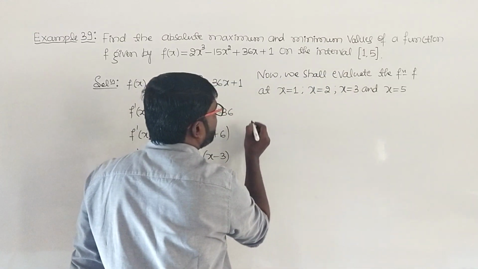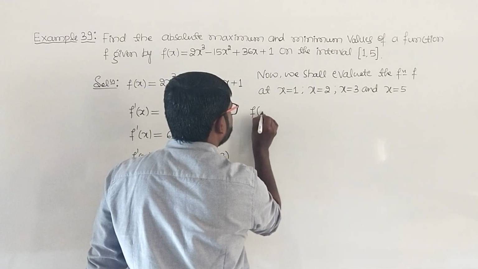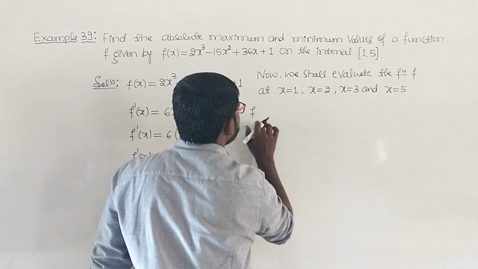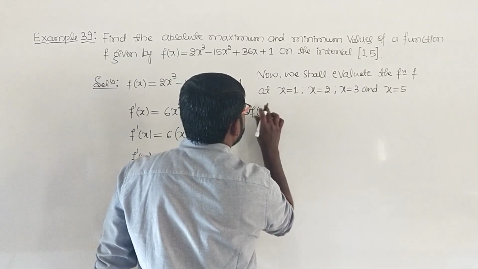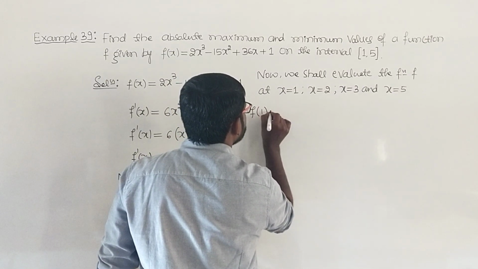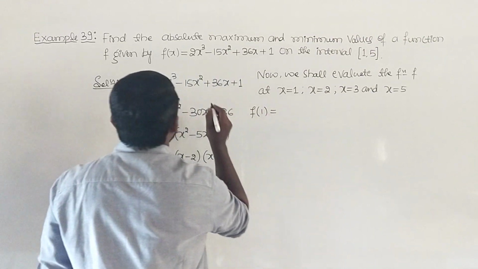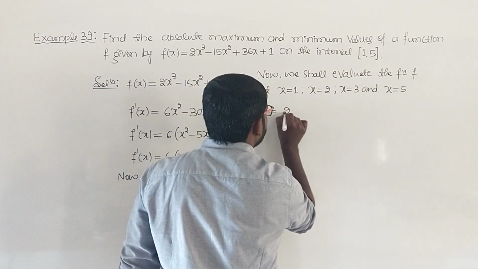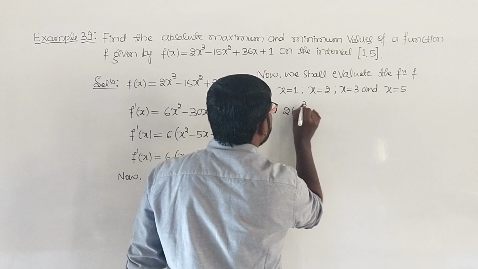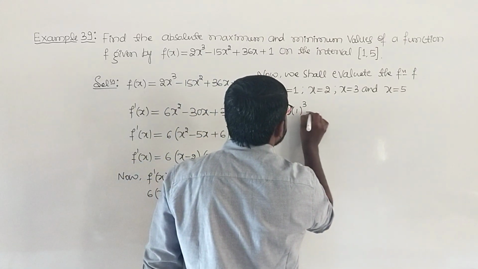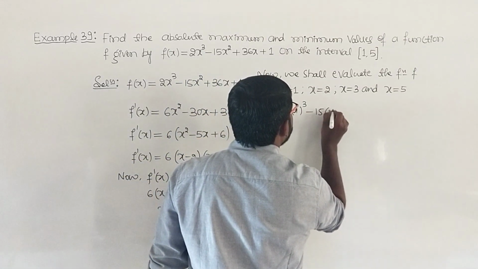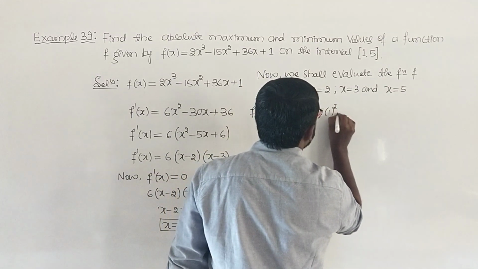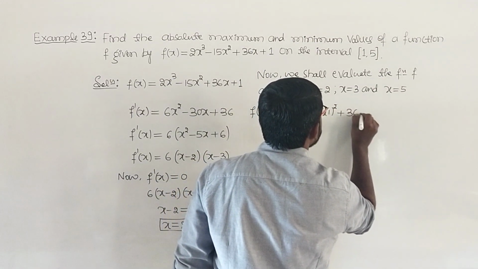So we go for f of 1, which equals, replacing x by 1, 2 into 1 cube minus 15 into 1 square plus 36 plus 1.